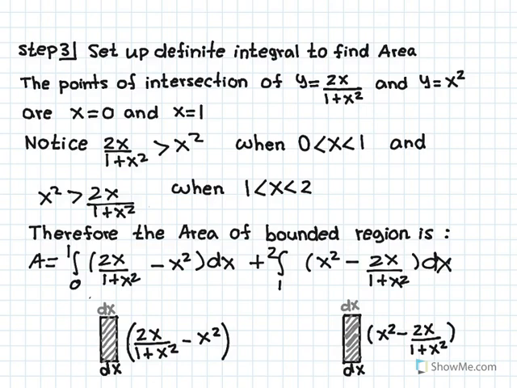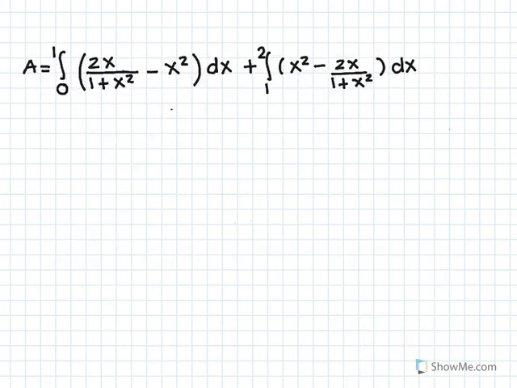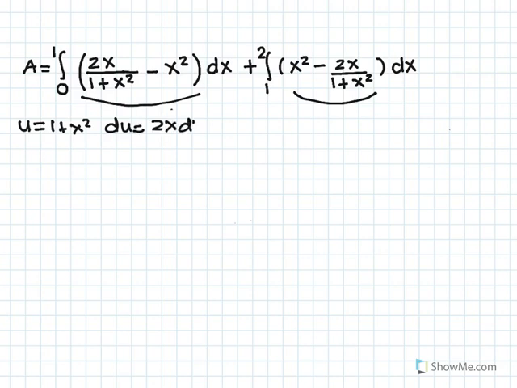All right, so now we have to solve these integrals. We have the integral from 0 to 1 of 2x over 1 plus x squared minus x squared dx. That's the first integral. And the second integral is x squared minus 2x divided by 1 plus x squared. Let's do 2x over 1 plus x squared first, because that's going to involve U substitution. So we let u be equal to 1 plus x squared, du is 2x dx.